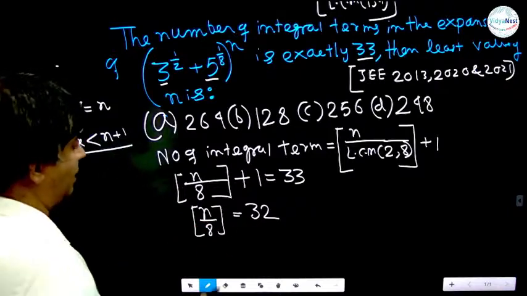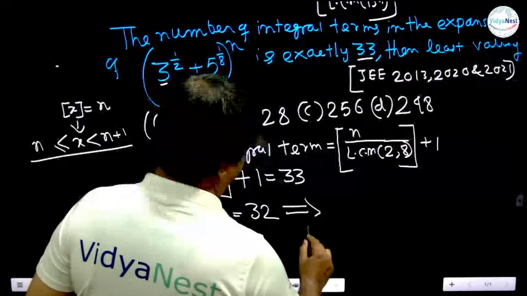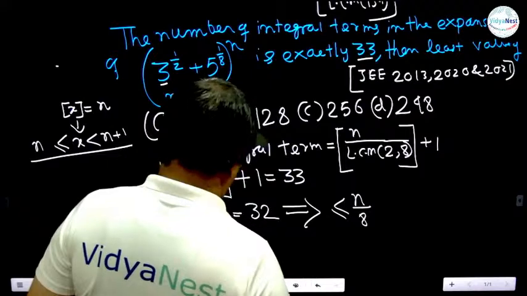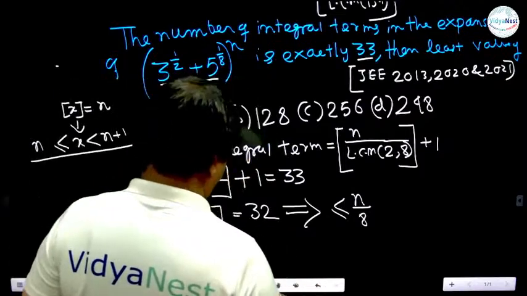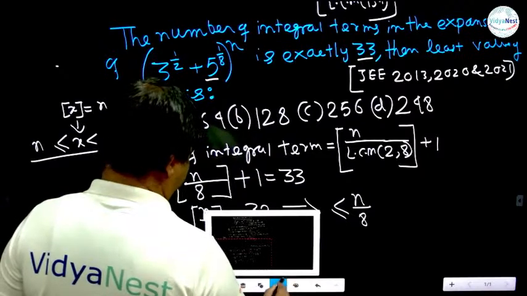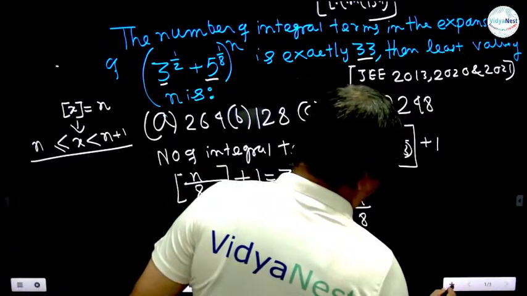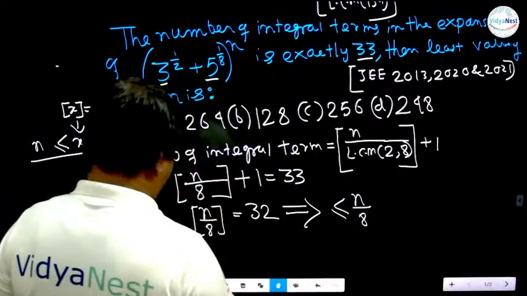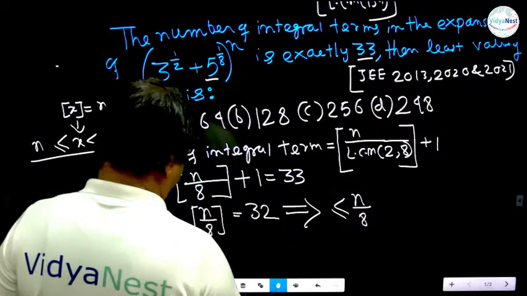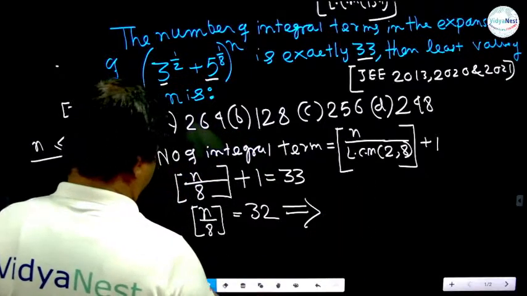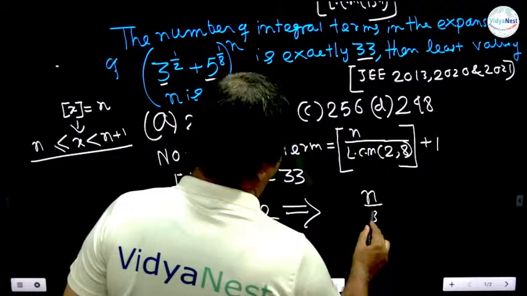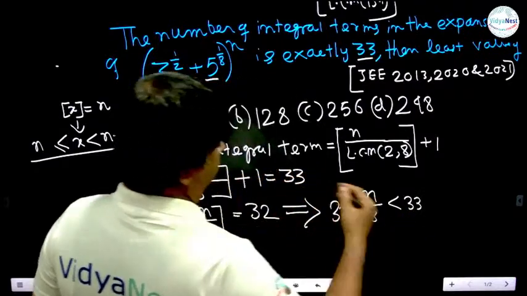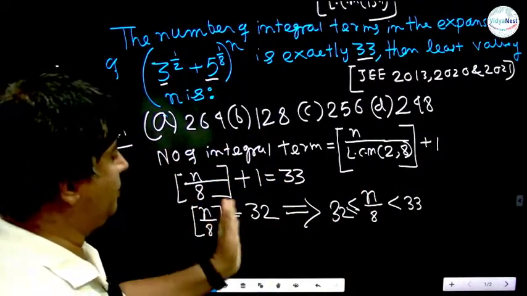So if the box of this is equal to 32, then n by 8 lies between 32 and its next value, 33.